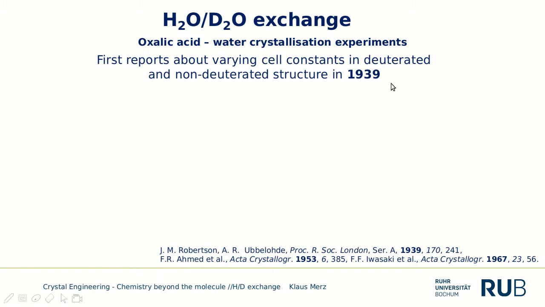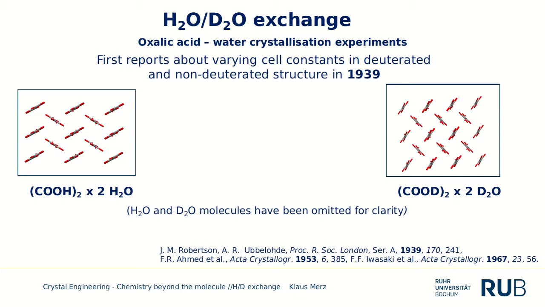This was 39. And these former scientists said the reason must be that switching from water to deuterated water, you have a new molecular aggregation in solid state. And you see it here, several years later, 53, 67, we were able to really determine the crystal structure.